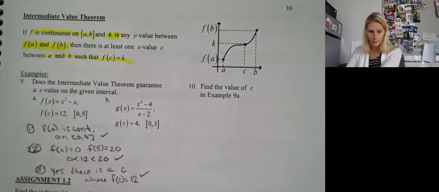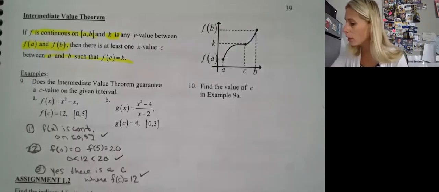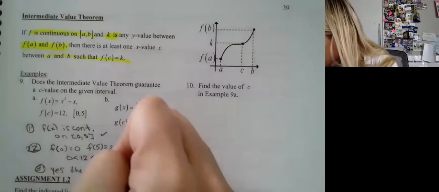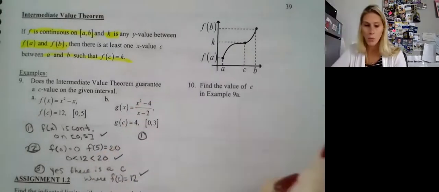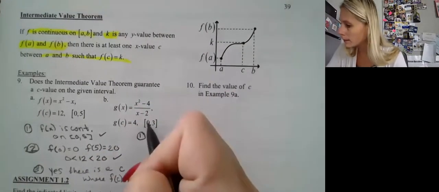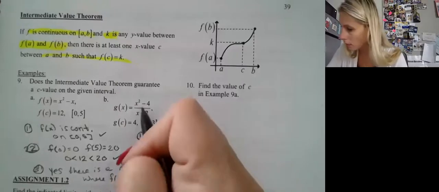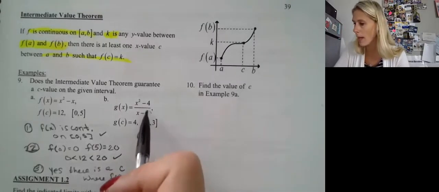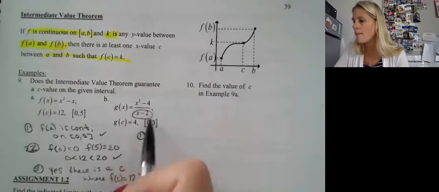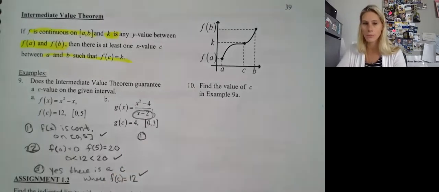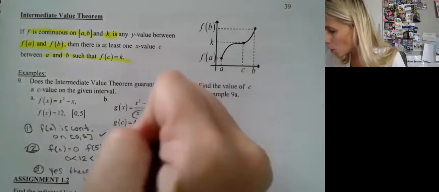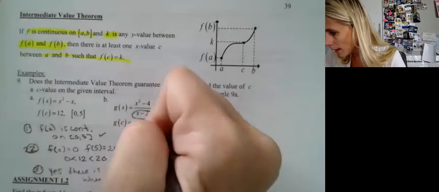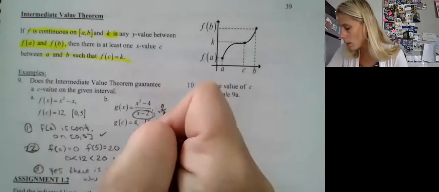Okay, G. First of all, I want to point out that's the interval. The first thing we look at is, is it continuous between 0 and 3? As you can see, guys, there's a value that we have an issue with. What value is that issue? The issue is the 2. And is 2 in between the interval?